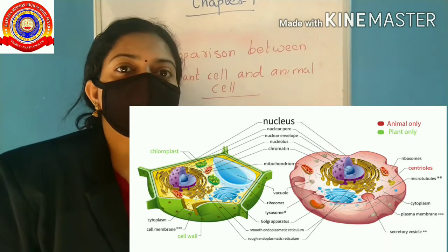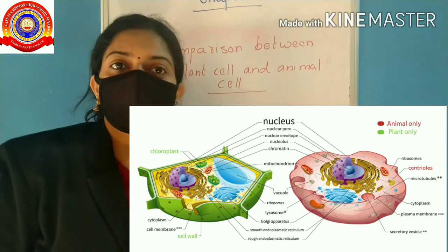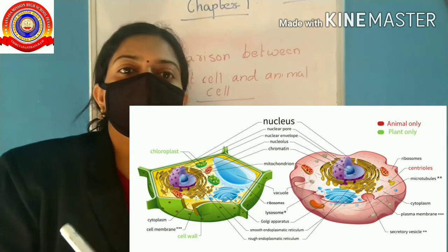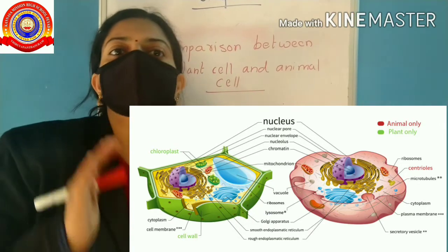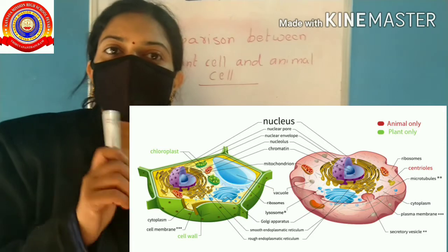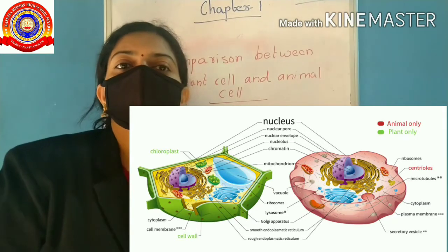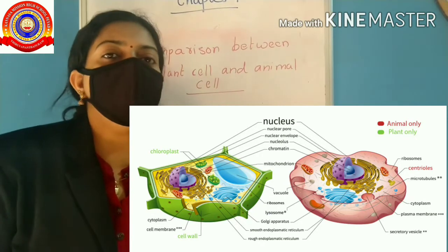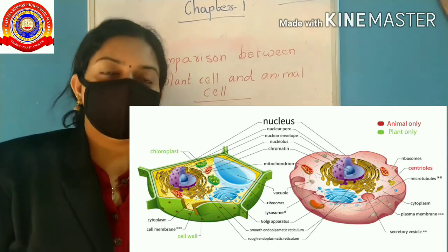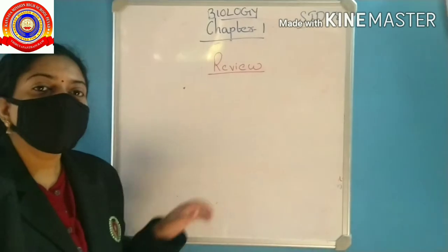The organelles present in both are nucleus, cytoplasm, cell membrane, Golgi complex, endoplasmic reticulum, ribosomes and mitochondria. Organelles only in plant cell are vacuole, cell wall and chloroplast, and organelles only in animal cell are lysosome and centrosome. This is the comparison between plant cell and animal cell.